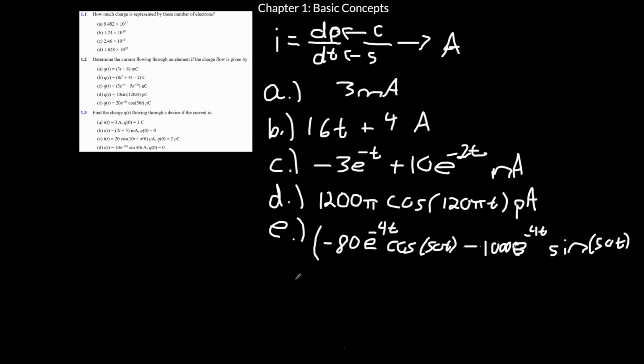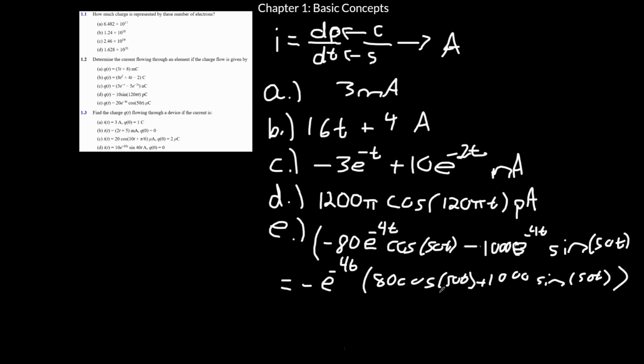We could simplify this, taking out negatives and taking out the e to the negative 4t, and then we're going to have 80 cosine 50t plus 1000 sine 50t. We could have taken out more, but we'll just leave the answer like that. So that's going to be our answer for question number 2.